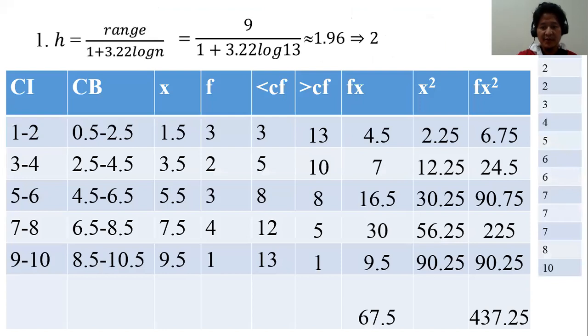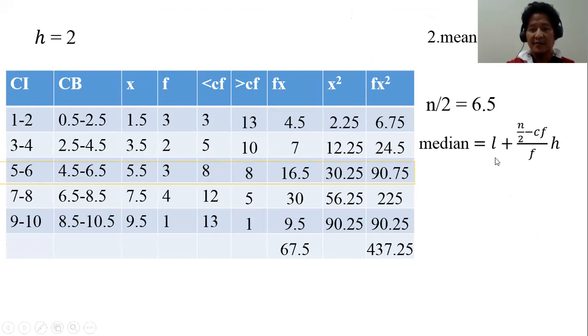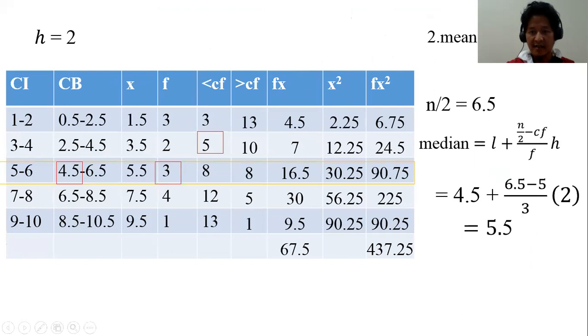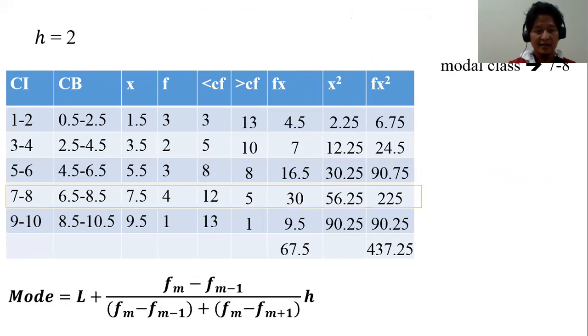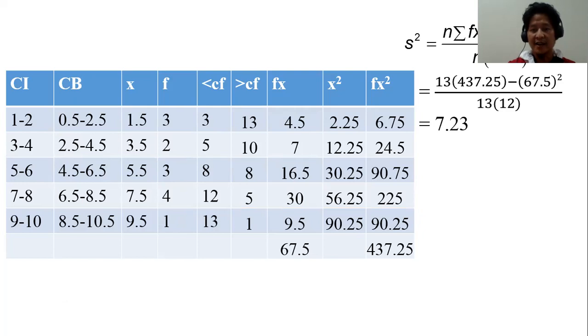So we were able to compute this. We have the mean to be 5.19 and then yung ating median na compute din natin last time to be 5.5. And then the variance, we were able to compute for that also. The variance is 7.23 and the standard deviation is 2.69.